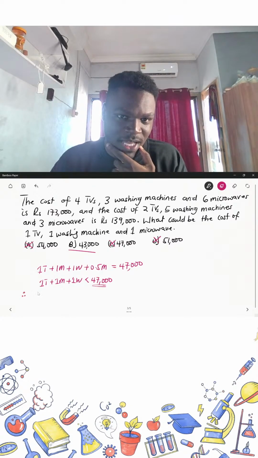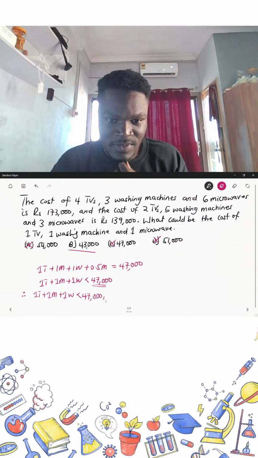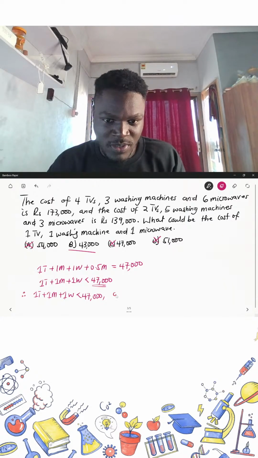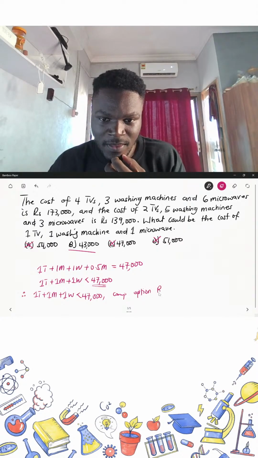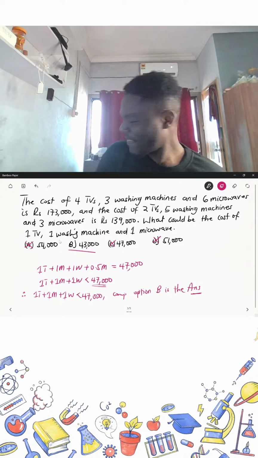Therefore, the cost of one TV plus one microwave plus one washing machine should be less than 47,000. Comparing to the possible answers, option B is the answer. Okay, so this is the correct answer.